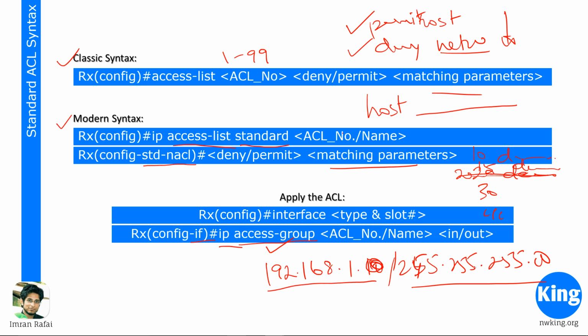So how do I get the wildcard mask for a specific subnet? You take 255.255.255.255, all 255s, and from that you subtract your subnet mask. So 255.255.255.255 minus 255.255.255.0 gives 0, 0, 0, and 255.